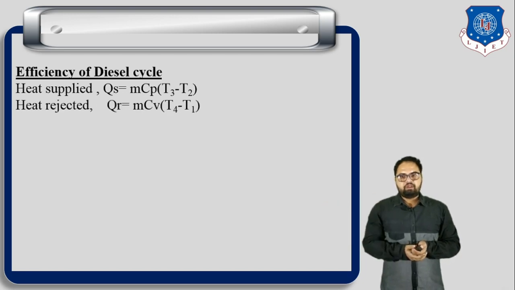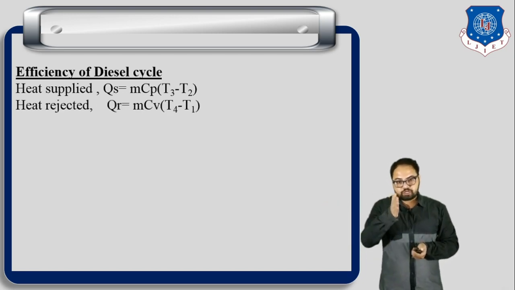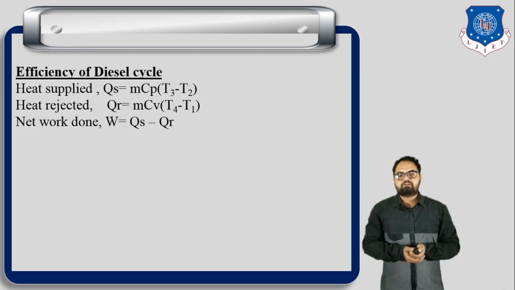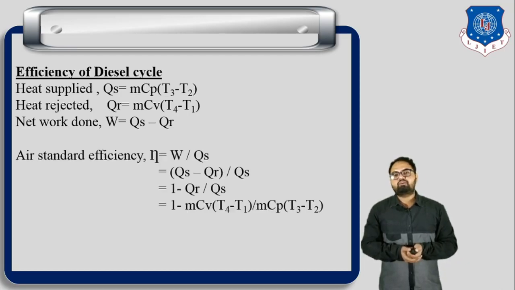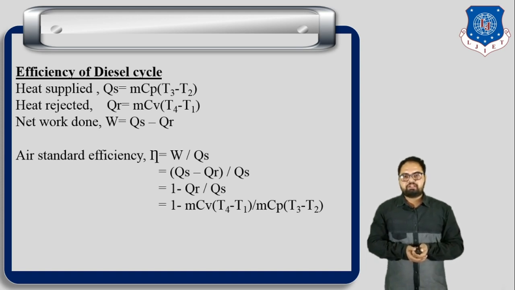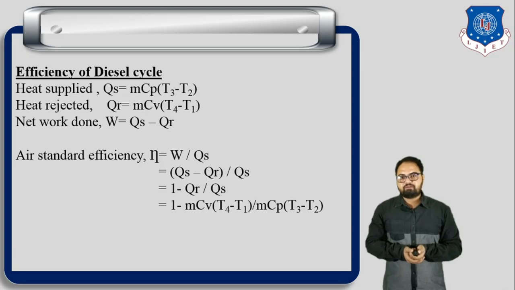Okay. Now heat is rejected at constant volume, so the equation is m Cv (T4 minus T1). Now the standard equation we already know: eta is equal to 1 minus QR by QS. By putting the values in this equation we get 1 minus m Cv (T4 minus T1) divided by m Cp (T3 minus T2).